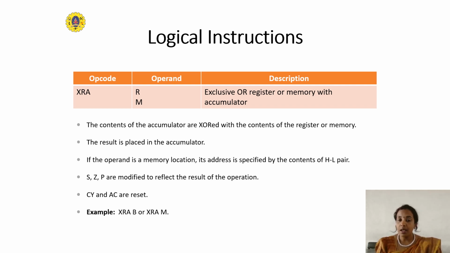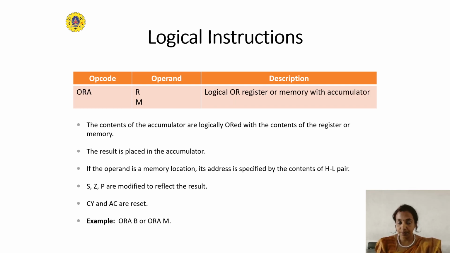XRA R means the XOR operation would be performed between the accumulator content and the register content. XRA M means the XOR operation is performed between the memory and the accumulator. ORA R means the OR operation is performed between the register R and the accumulator.